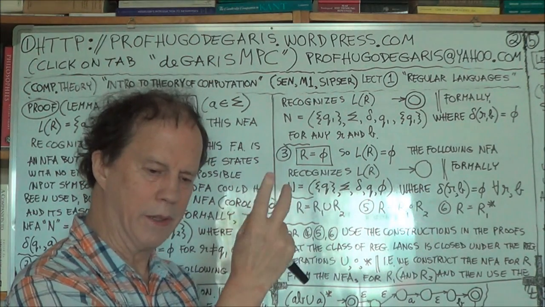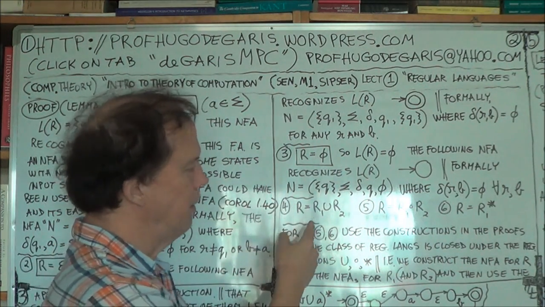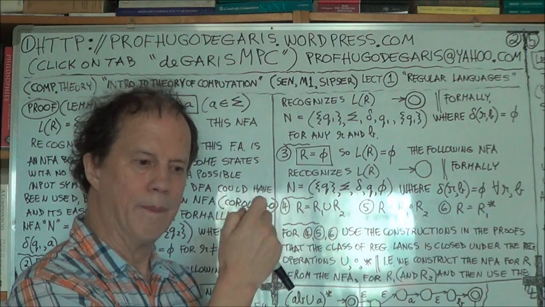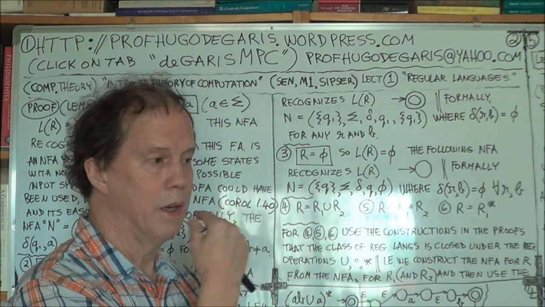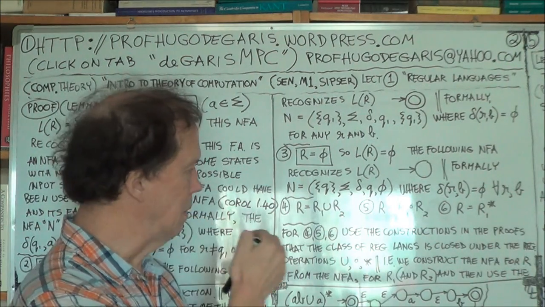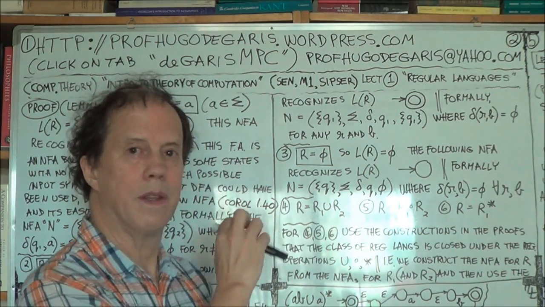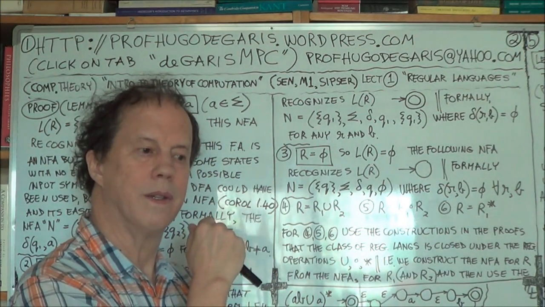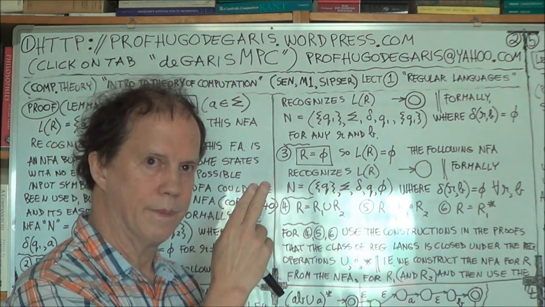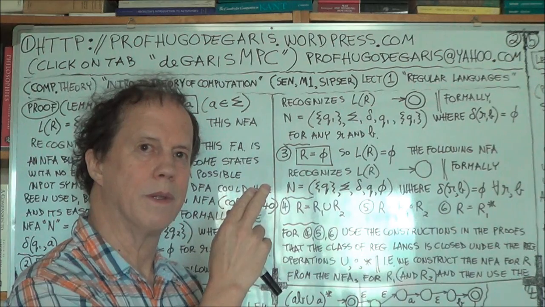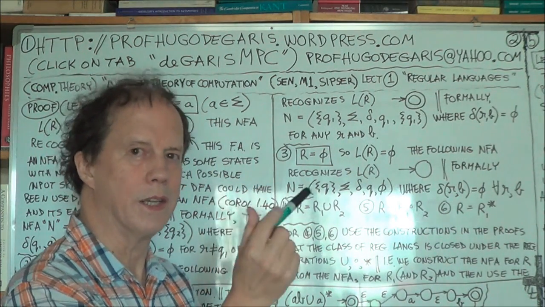Okay, so think of R1 now as the NFA that corresponds to the language R1. Remember, it gets a bit confusing. These R's, you can think of them as a regular expression that describes a language, or in this context, think of them as NFAs that, what's the word, not accept, recognize the language.